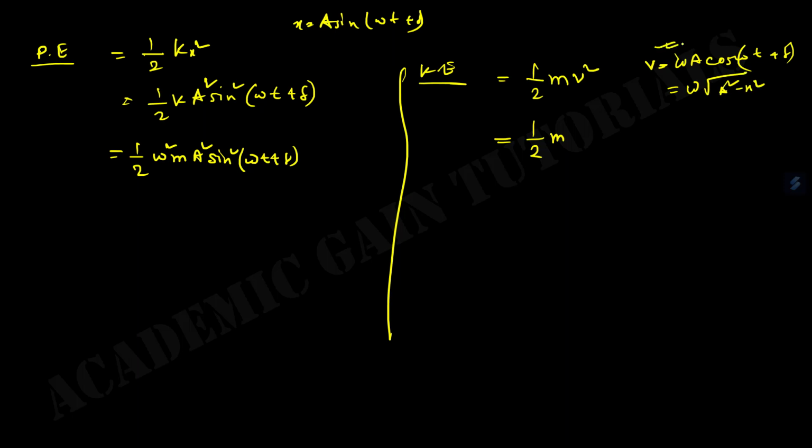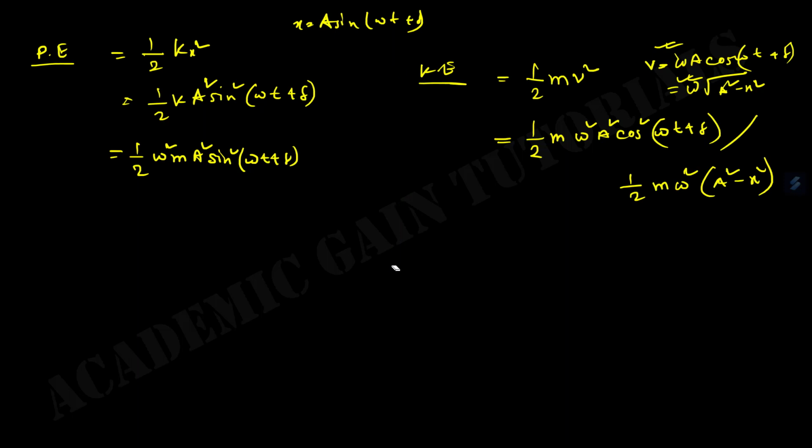So if I use the first formula, then instead of v square we will write omega square a square cos square of omega t plus delta. And if I use the second formula, then I can write this as half of m omega square into a square minus x square. Okay, so I hope you understand this whole equation of potential energy and kinetic energy.